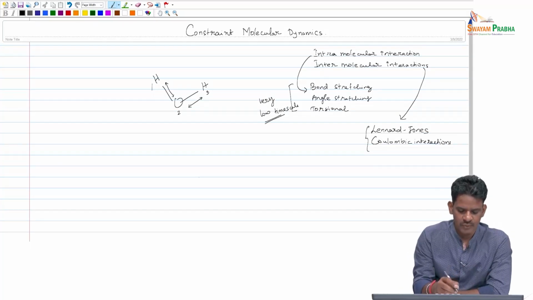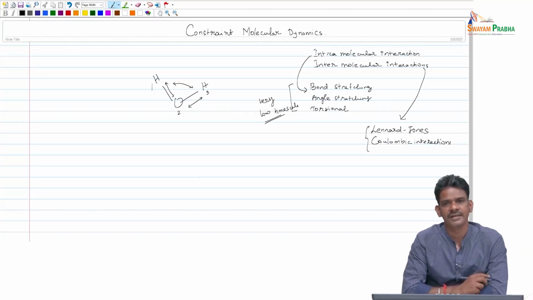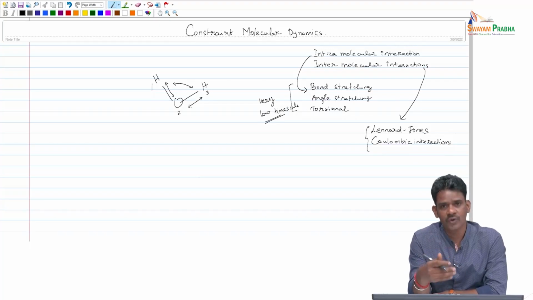Then this molecule is only allowed to translate and this bond angle is allowed to stretch. And then we wrote the equation of motion and applied undetermined Lagrangian multipliers, so that the rigid constraints offer an additional set of forces, constraint forces, so that at any point of time the molecule preserves the OH bonds in the system.